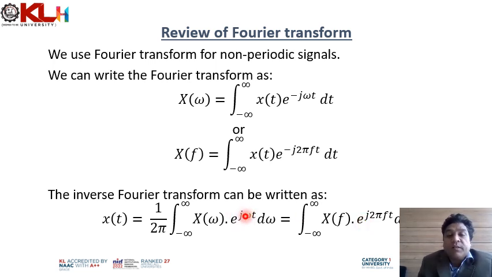So here in the place of omega you are getting 2 pi f for the second equation. Again, if you substitute in the place of d omega, omega is 2 pi f, the 2 pi and the 2 pi will get cancelled. That's why in the second integral for the inverse Fourier transform using the variable f, there is no 1 by 2 pi here.